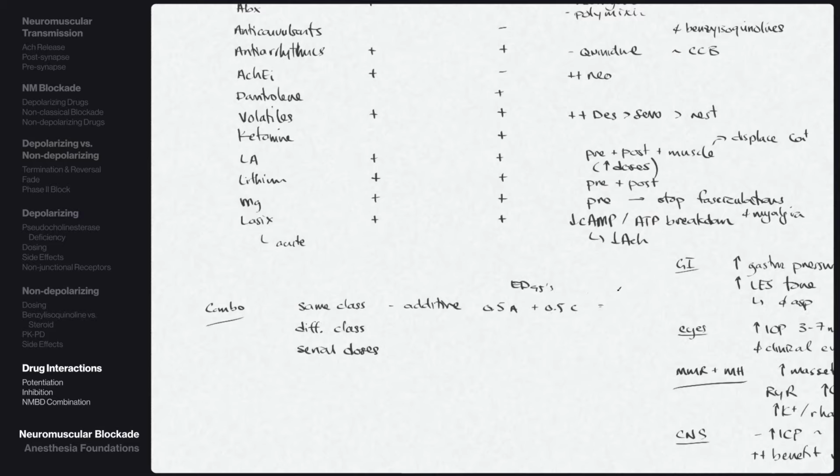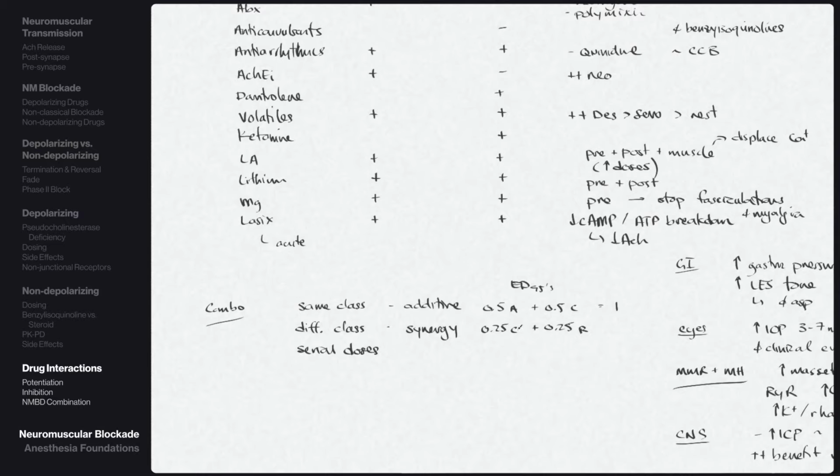Now, this is different from, let's say, different classes of non-depolarizing muscle blockers, because there we can see synergy. Synergy is that when they have two different types of mechanisms, we can see more than just an additive effect, potentially a very, very strong, even exponential effect. So let's say we have 0.25 of an ED95 dose of, let's say, cisatracurium, and then we also add 0.25 of rocuronium.